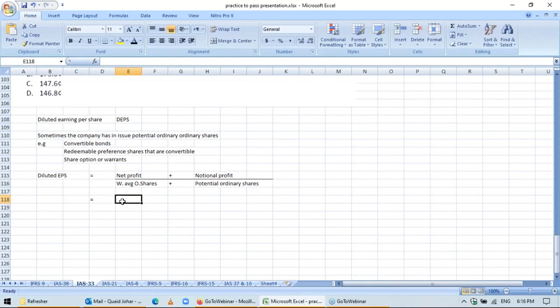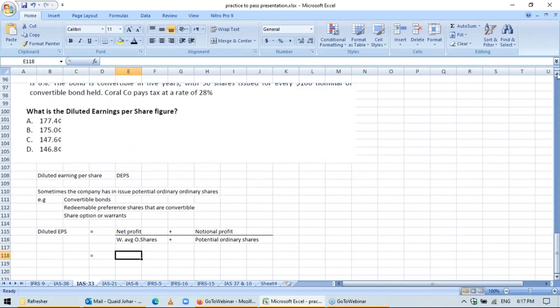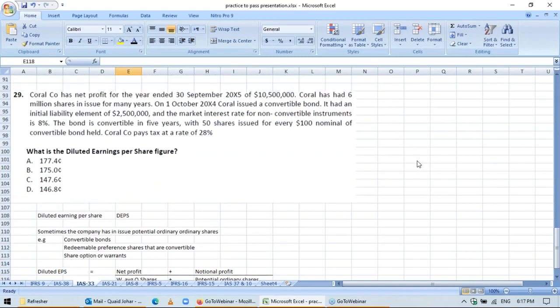Okay, so now let's do the working. This is the formula for the diluted earnings per share. The question says that the company's profits are 10.5 million, and the liability element of the convertible bond is 2.5 million, on which the company is paying interest of 8%.